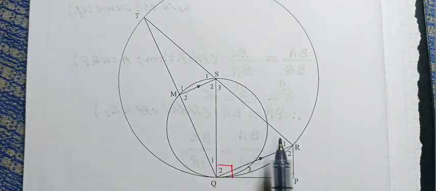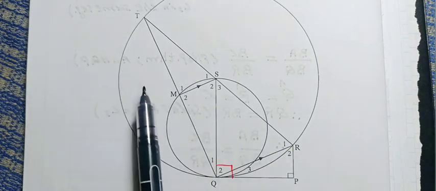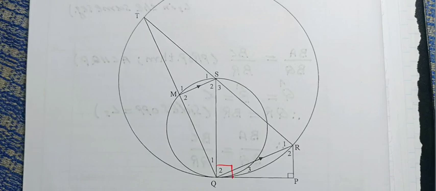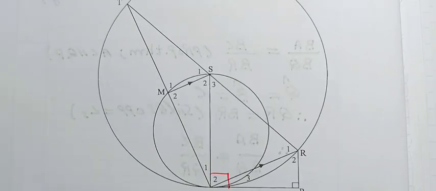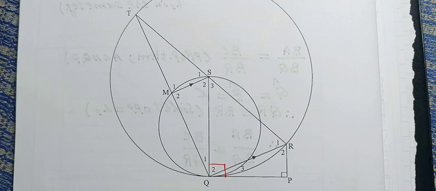So TS over SR is equal to TM over MQ. So this is the proportionality theorem. A corollary of the proportionality theorem is the midpoint theorem. The midpoint theorem says if a line is drawn through the midpoints of two sides of a triangle, it is parallel to the third side.